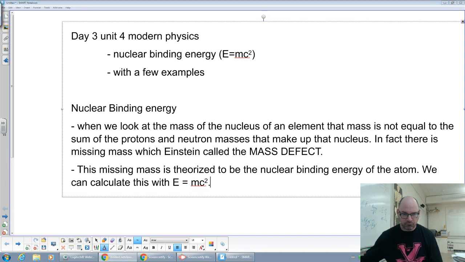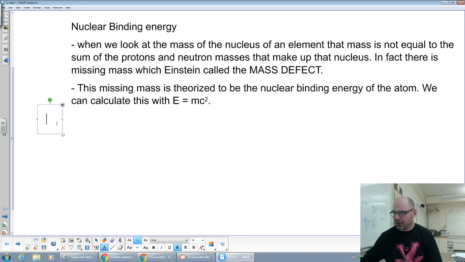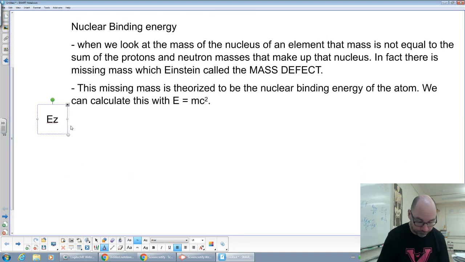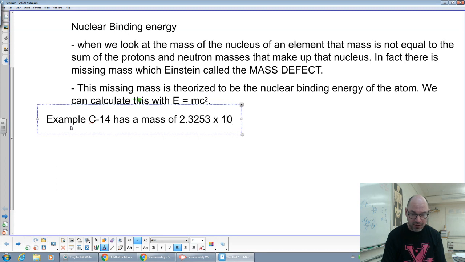Okay, so let me set it up here. So our example: carbon-14 has a mass of 2.3253 times 10 to the negative 26 kilograms.